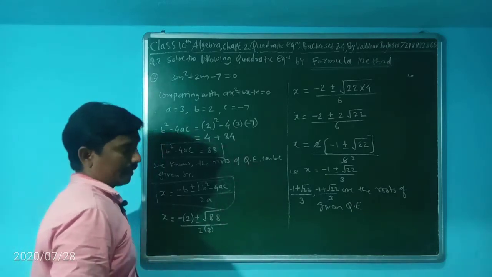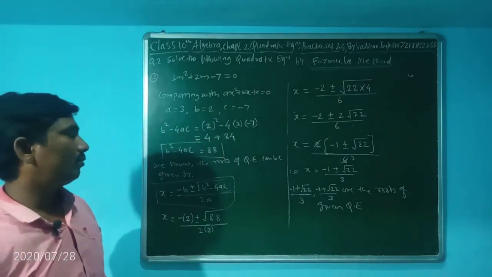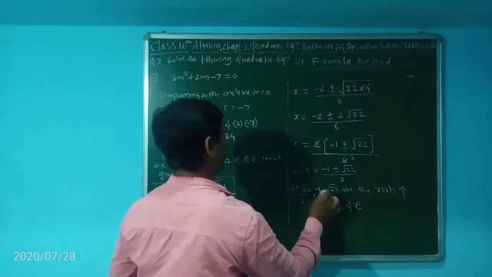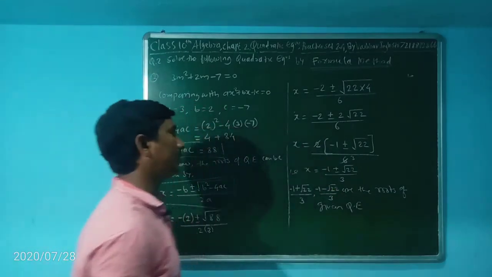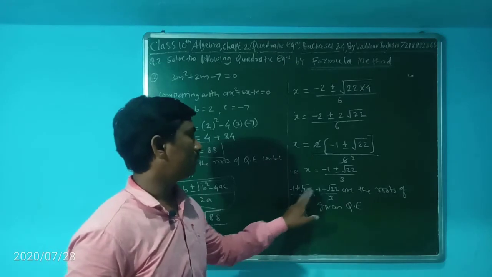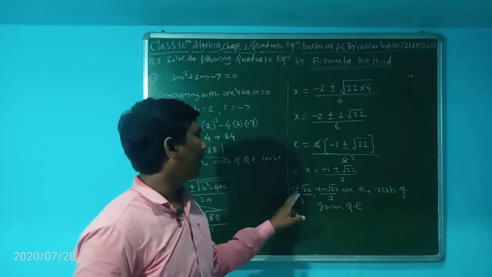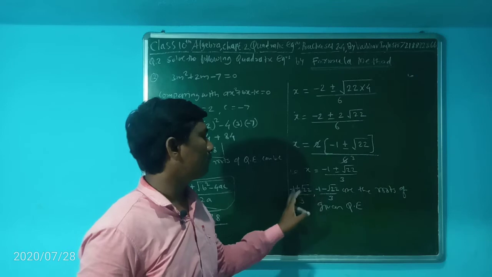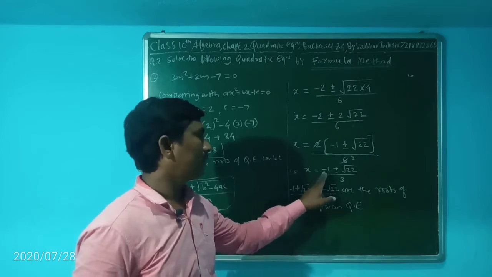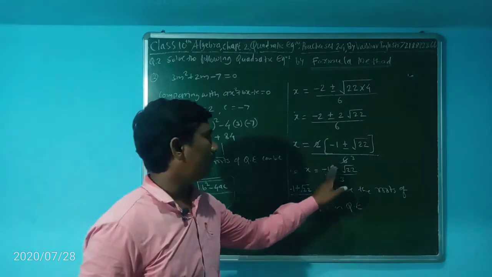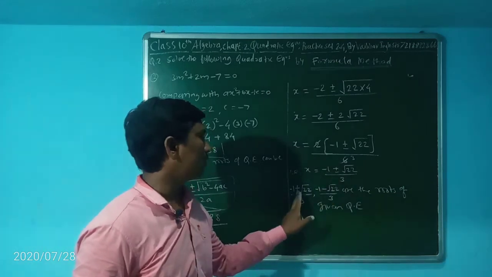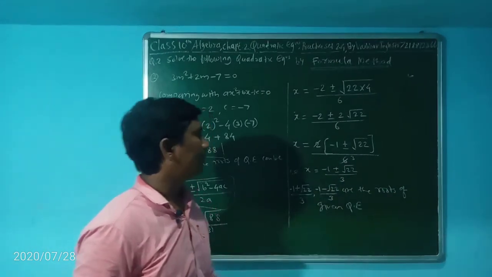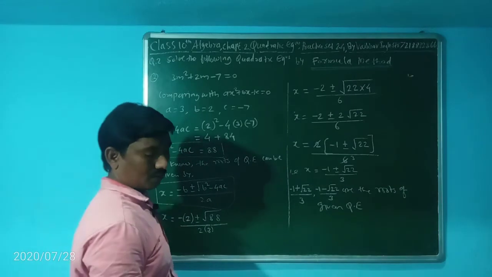Okay, minus 1 minus under root 22 divided by 3. We have taken plus here, so we have to take minus here. And this minus 1 will be as it is because it is there. You have to separate these two signs, so once you have to take plus and once you have to take minus. So these are the roots of the given quadratic equation.